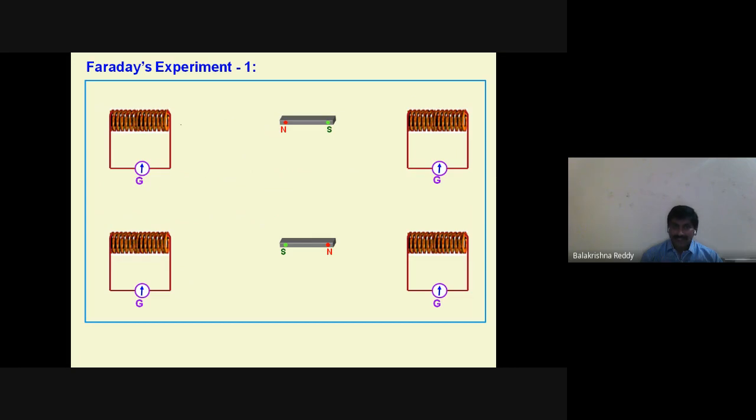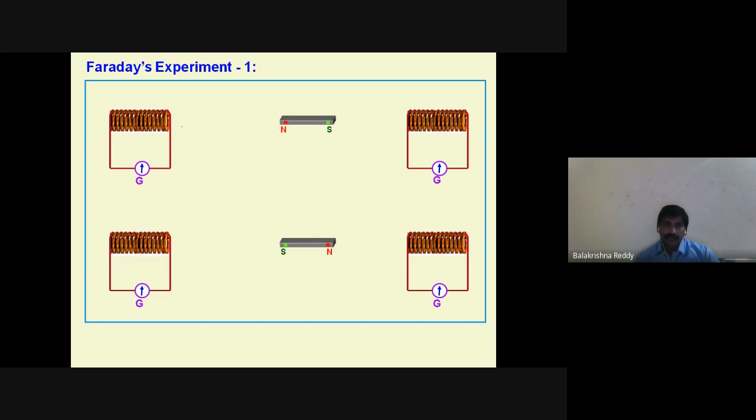This coil is connected with a galvanometer. Remember, a galvanometer is a device used to measure small currents. I am using coils on either side and a magnet here. At a time we can observe two effects: one by the south pole and one by the north pole.